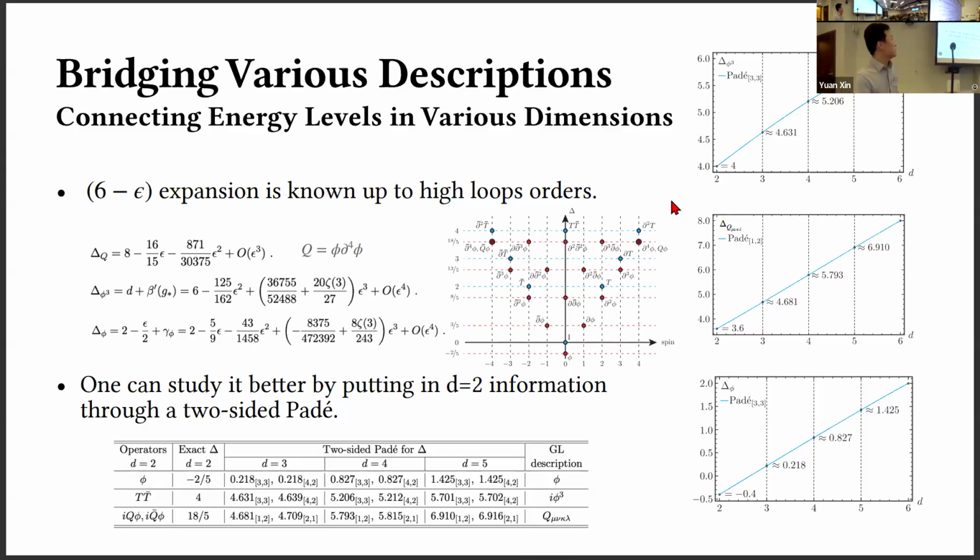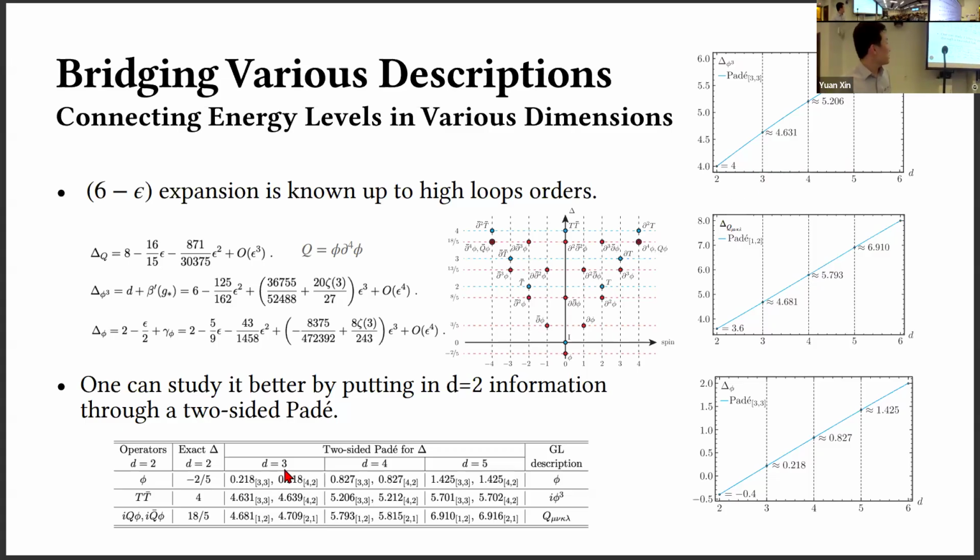And then we can just keep track of their scaling dimensions using the 6 minus epsilon expansion with a 2-sided Padé. And we can see that this line is a very smooth curve. It doesn't have a lot of ups and downs, and it's very close to linear. That's encouraging, because this is usually when the approximation works better.